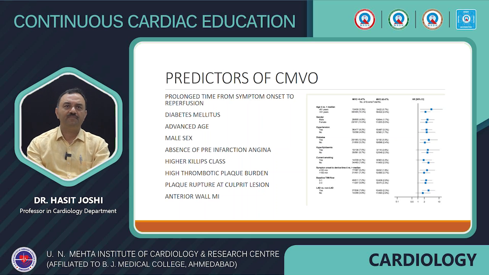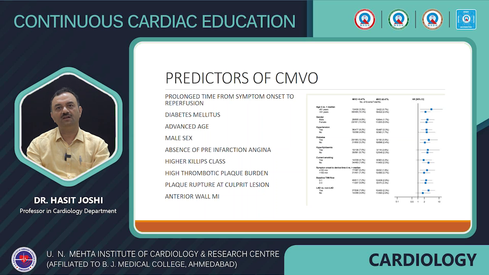So now, what are the predictors of CMVO? Which patients tend to have more microvascular obstruction after primary PCI? Prolonged time from symptom onset to reperfusion, and there is no rocket science here.